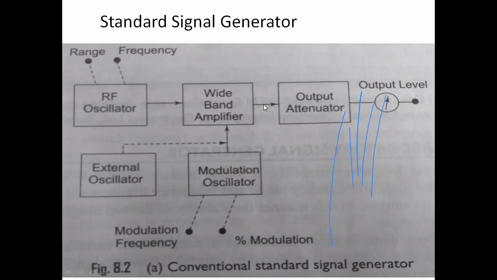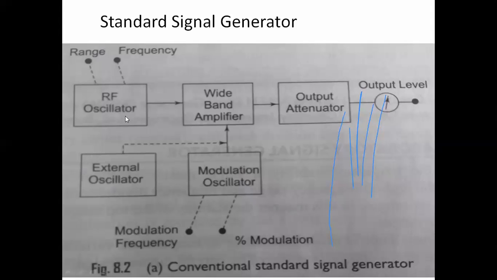In the RF oscillator we can use the LC tank circuit. LC is a combination of inductor and capacitor. We form a closed tank circuit, which is responsible for the generation of oscillations.